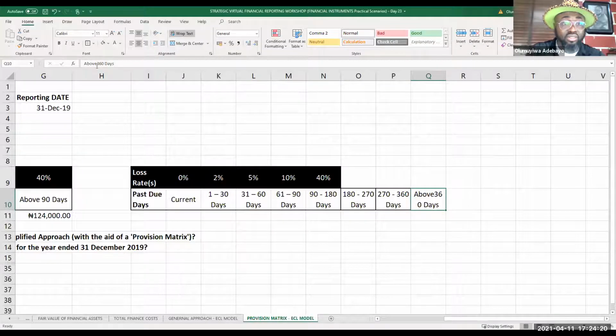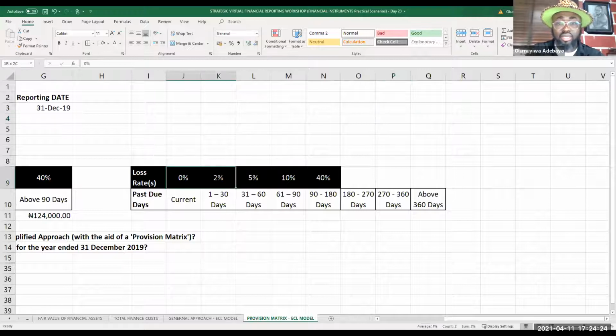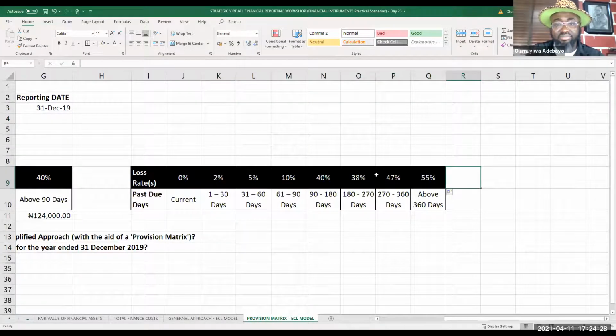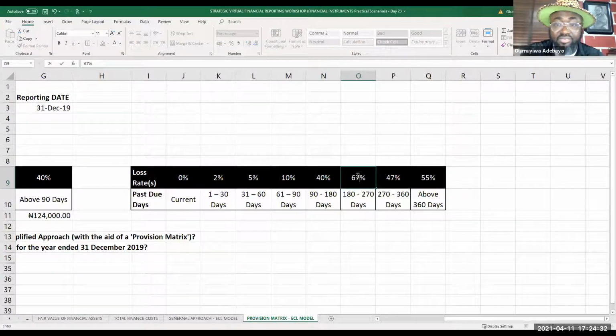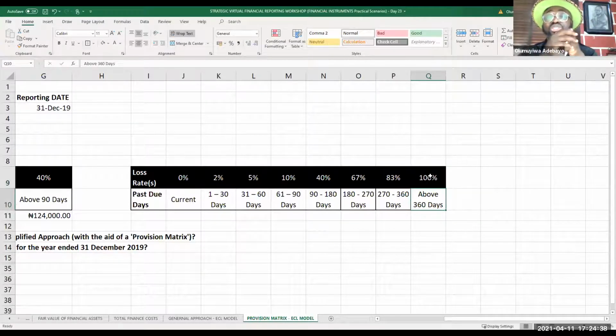Probably if a company has this distribution, let me just arbitrarily get something. Let me say this is 67. This is 83. Probably at this point, it is 100% lost. That means there's nothing you can recover from this period upward. The debtor has even forgotten.